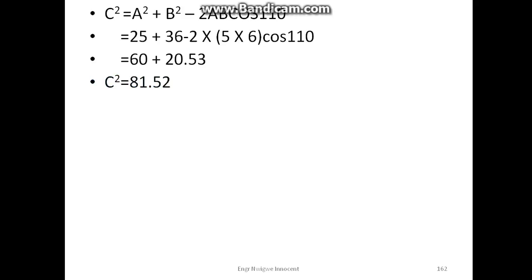Therefore, C squared is equal to 81.52. Making C the subject of the formula, we have the square root of 81.52, which will give us 9.02 meters.